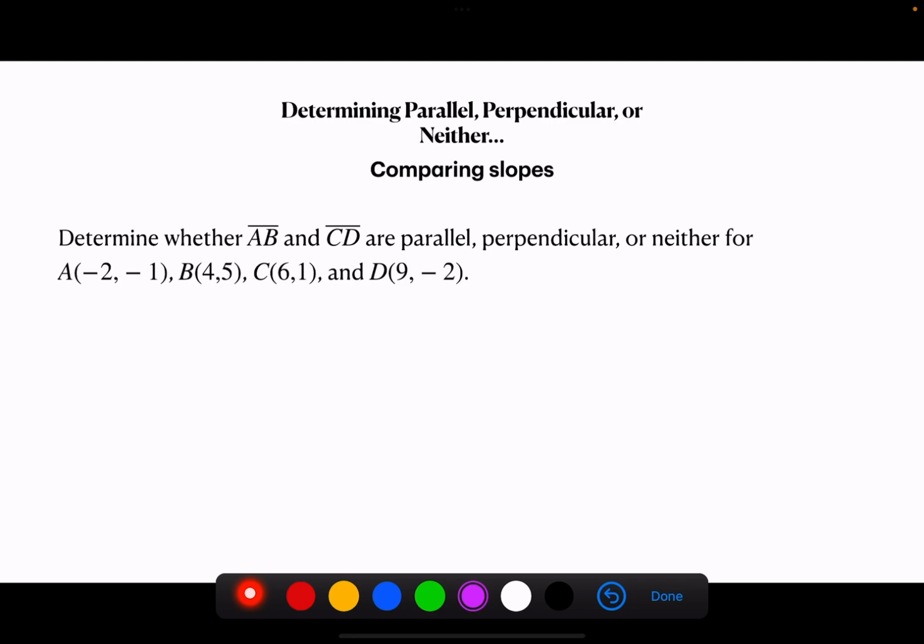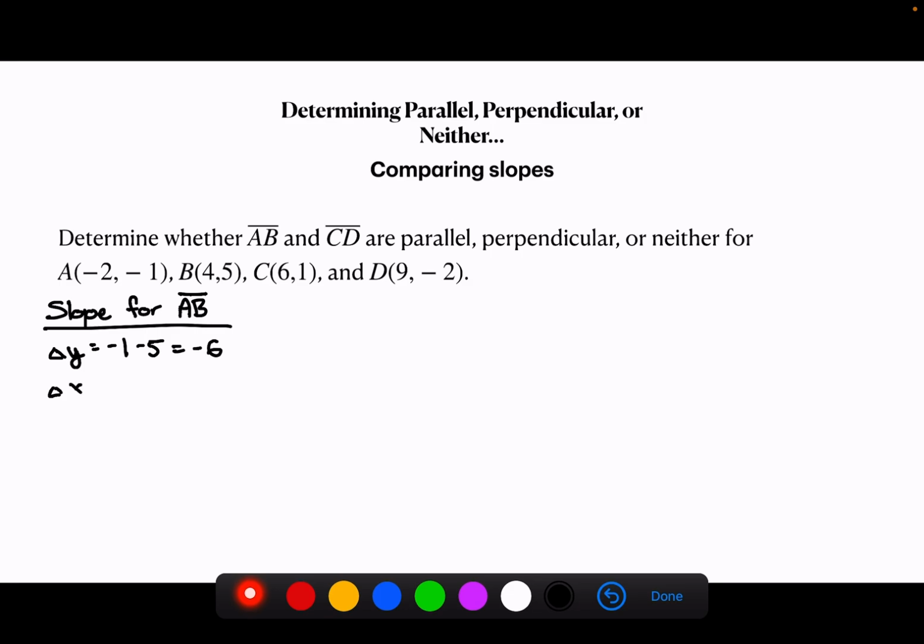So let's determine whether AB and CD are parallel, perpendicular, or neither. Let's look for the slope of AB. The change in y from A to B is going to be -1 minus 5, which gives us -6.